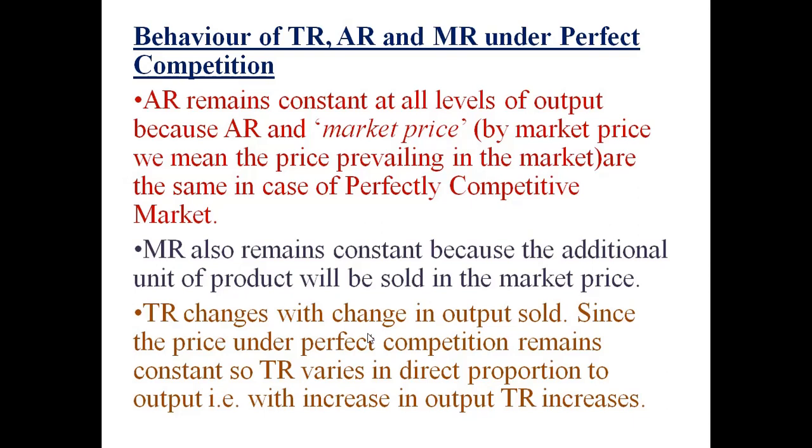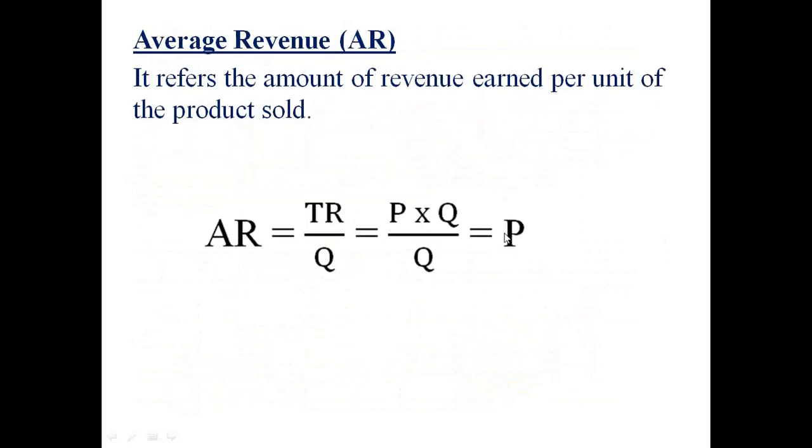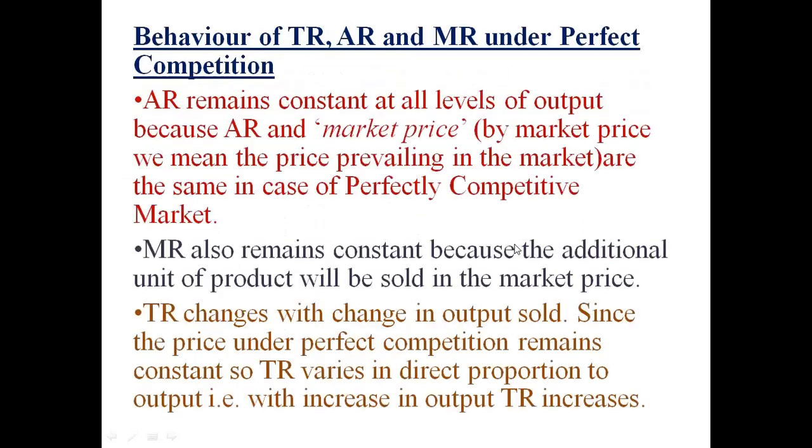Now let us understand the behavior of TR, AR and MR under a perfect competition market. Now we already know that AR is the average revenue, TR is the total revenue and MR is the marginal revenue. Now AR remains constant at all levels of output because AR and market price, we have already seen through this particular formula, are the same in the perfectly competitive market situation.